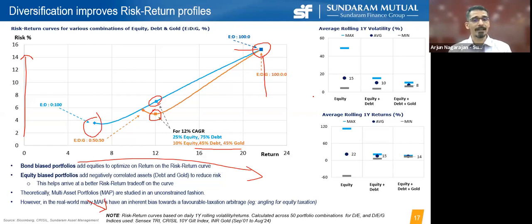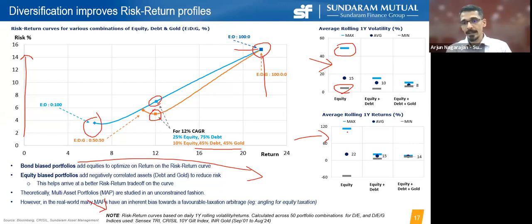even for the same level of return. If you summarize all of this into 2 little charts, you can arrive at these charts here. The top one is on volatility. You can see an equity portfolio, the maximum amount of volatility and the minimum amount of volatility from 2001 to 2024. That's what data tells us. You are reducing the volatility range by adding debt, reducing it even further by adding gold.